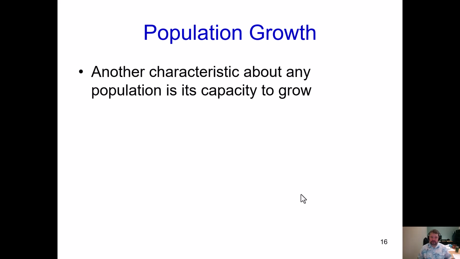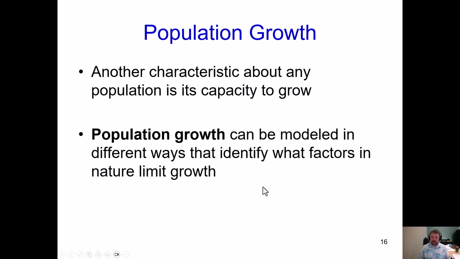Okay, so diving in to population growth, it's normally modeled in a way that we're trying to predict what's going to happen in the future, or we're trying to look at the characteristics that might limit a population's ability to grow. So like I said before, do they have the capacity in their current situation to grow?